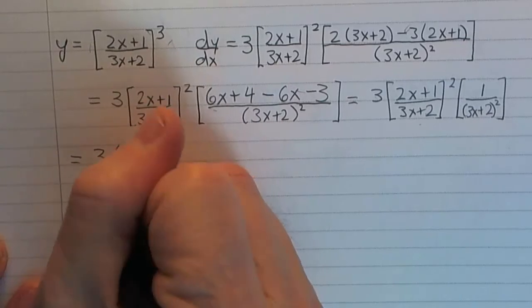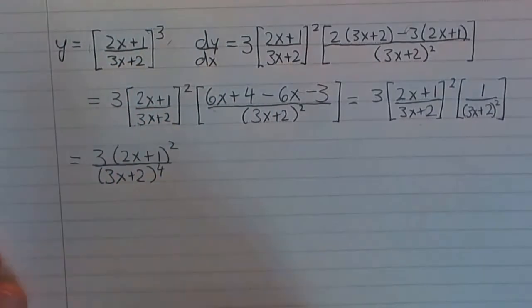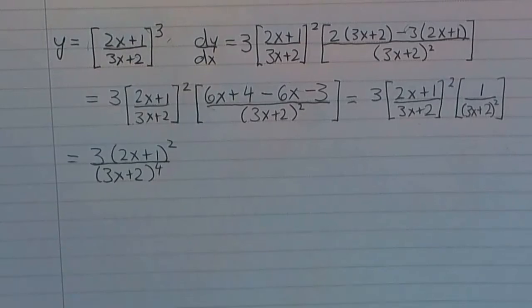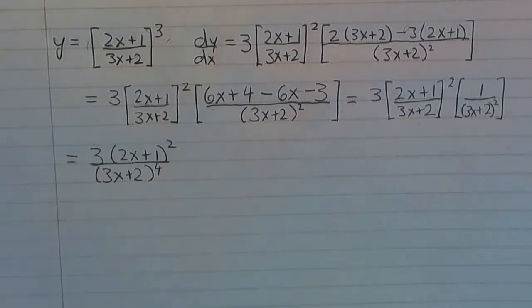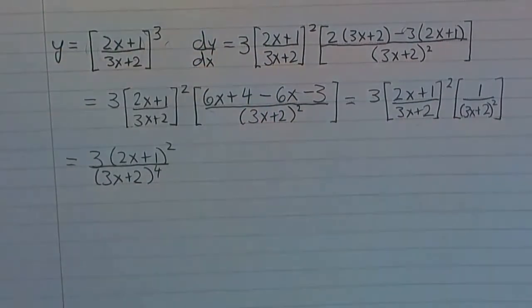That's 3x plus 2 to the 4th. There. And there we have it. We've successfully differentiated this thing. This was an example where we used the quotient rule, and in the process of using the quotient rule, well, we had to use the chain rule, and in the process of using that chain rule, differentiating this, the quotient rule popped up. So all these rules work together.